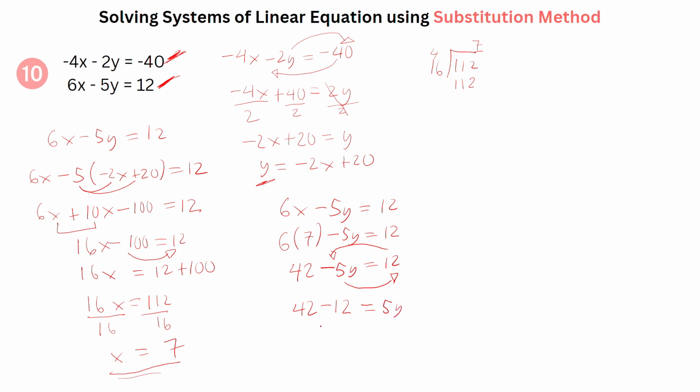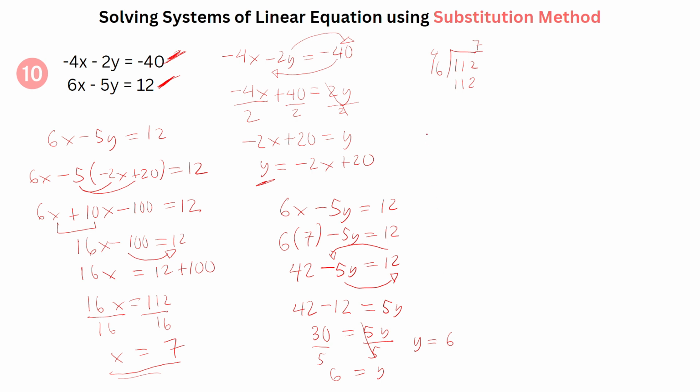Now we have here 42 minus 12, that's going to be 30, is equal to 5y. How do we solve for y? Divide by 5, divide by 5. So what's 30 divided by 5? It's going to be 6, is equal to y. Or using symmetric property, y is equal to 6.